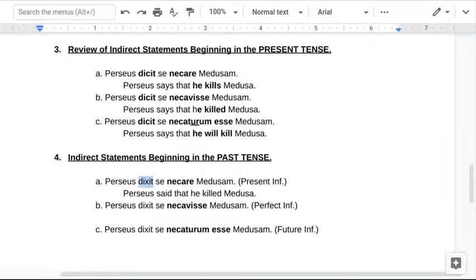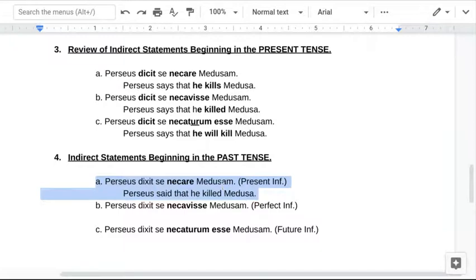The infinitive is happening at the same time as the main verb, and the main verb is in the past. So everything's in the past. Perseus said that he killed Medusa. And that right here is the hardest thing. I mean, you can argue it's the hardest thing you would learn in Latin. That's the present tense infinitive, which I wrote over here.